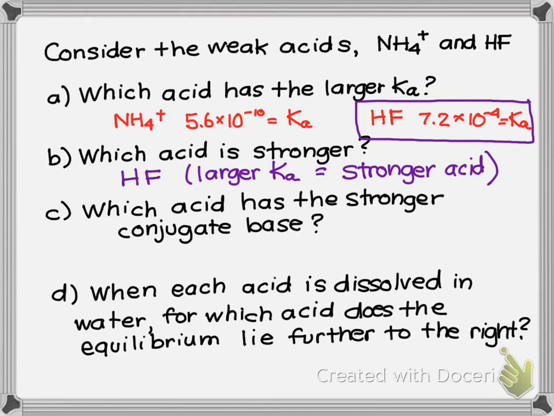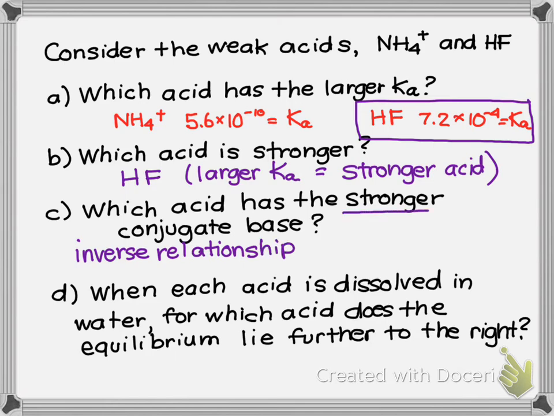Then it says, which acid has the stronger conjugate base? Now let's recall, and you can go back and look at the video, but the relationship between the strength of an acid and its conjugate base is an inverse relationship, which means they are the opposite. You guys know I'm not a good speller, relationship, there we go. An inverse relationship.